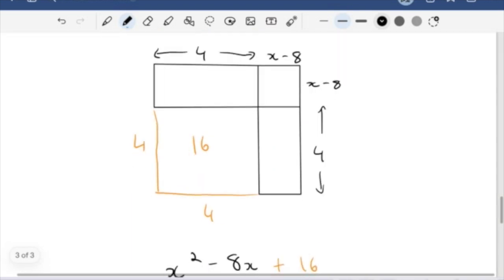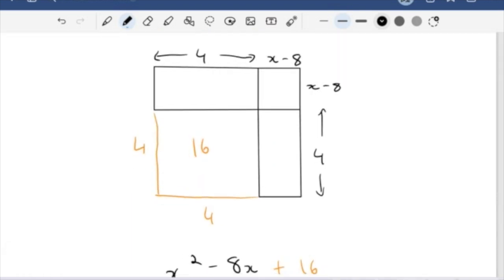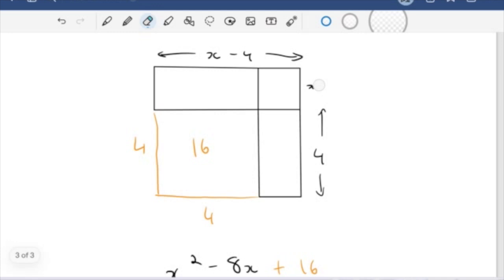But just to show you that it works visually also, this entire length is 4 plus x minus 8. Now that whole thing is going to simplify to x minus 4. So if I rub this out, I have all the way from here to here, x minus 4, there to there, and I'm going to get the exact same thing over here.